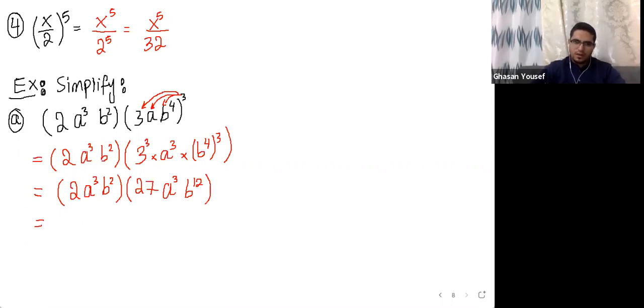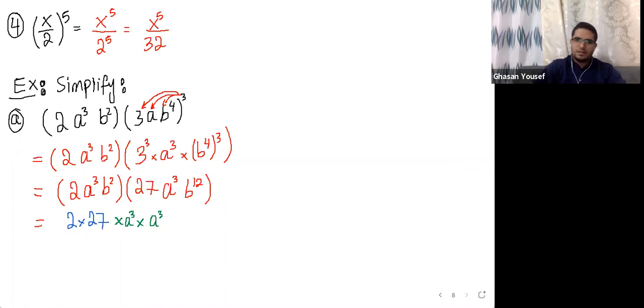Now, I combine the numbers together: 2 times 27. Then I combine the a's together, so times a to the power 3 times a to the power 3.